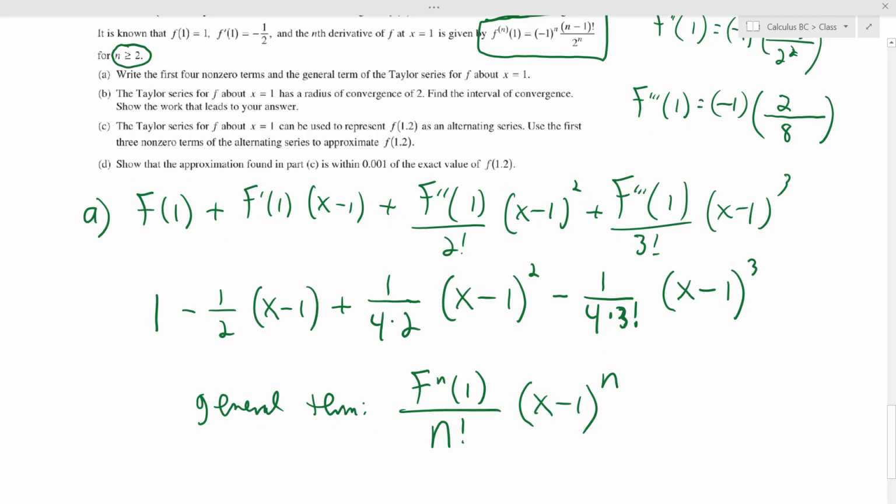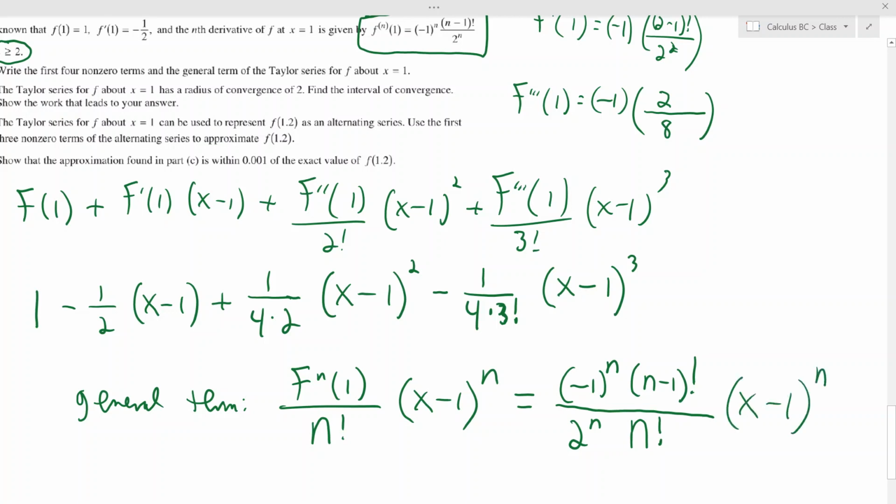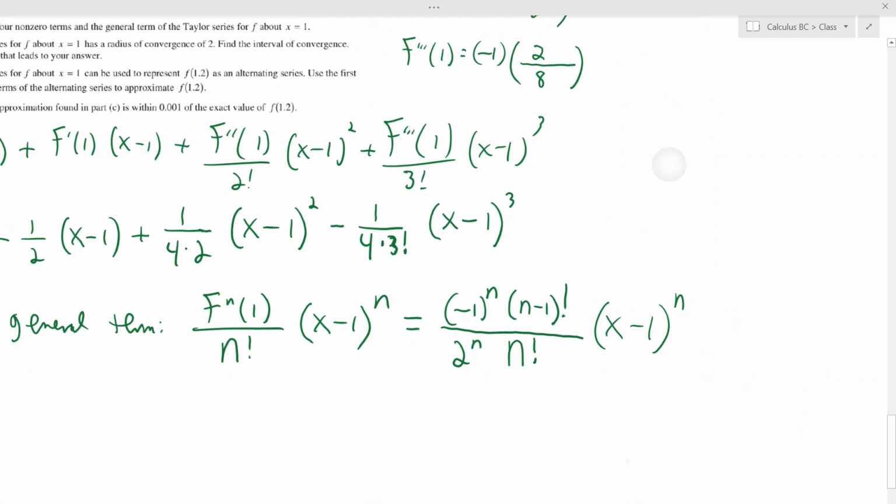They also want you to be able to build it from a definition they've given you. And because I know what the nth derivative at 1 is, I can plug that in for the nth derivative. So this becomes -1 to the n times n minus 1 factorial, and over 2 to the n. That's what the nth derivative is. They told me that. And then the n factorial is still down there, and then x minus 1 to the n. So that's the general term right there.